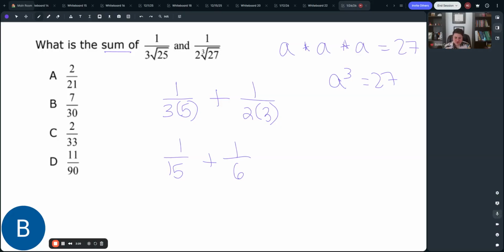And now in order to add fractions, we're going to have to go back to elementary or middle school for a little bit. Think about adding fractions. In order to add fractions, you need a common denominator. So I believe the lowest common denominator here for these two is 30.